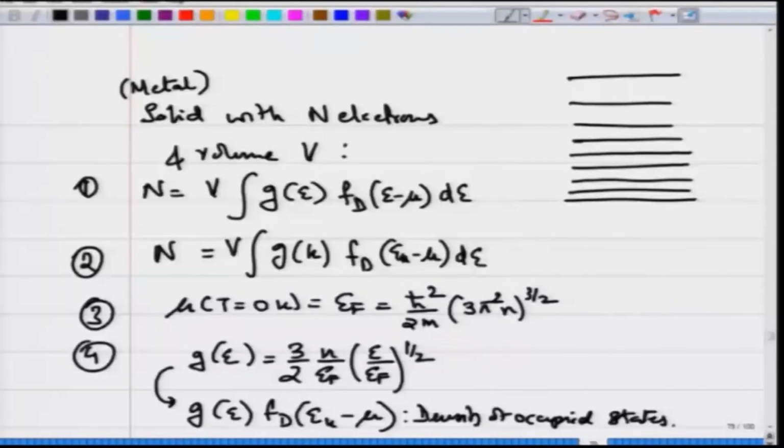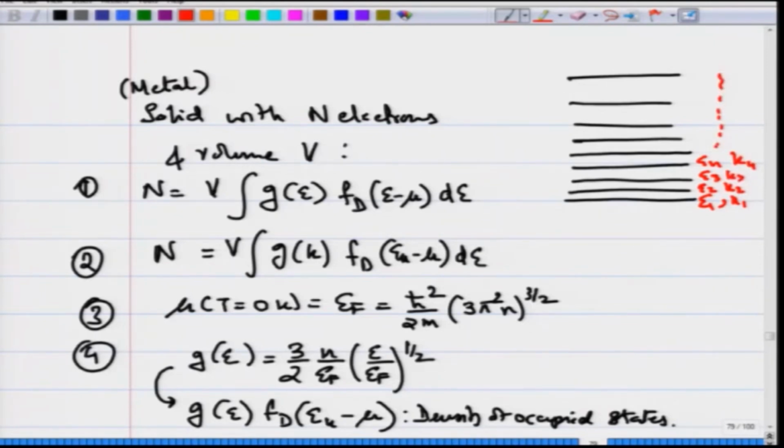For the electrons inside the solid, using periodic boundary conditions, you get electrons distributed across quantum states, and these states could be labeled by energies E1, E2, E3, E4 and so on, or momenta K1, K2, K3, K4 and so on as you go along.